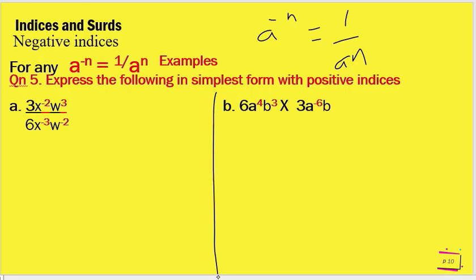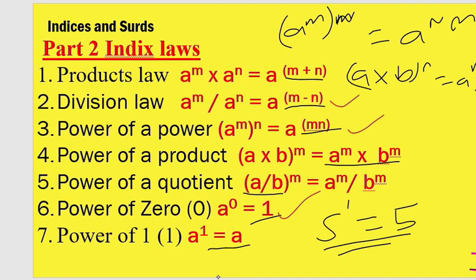Okay, now with what we have here, we can use row number 2, and the row number 2 here is about the division law. We minus, whereby we are doing what? We minus if it's for division.